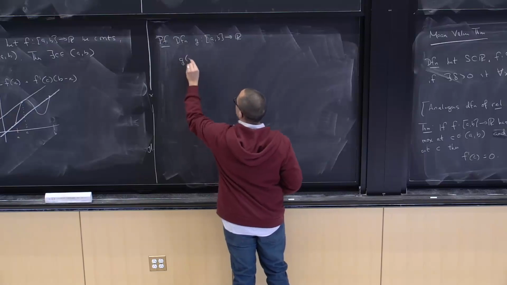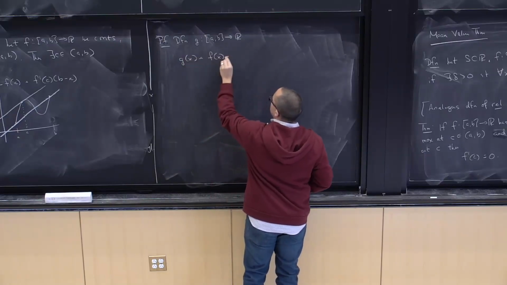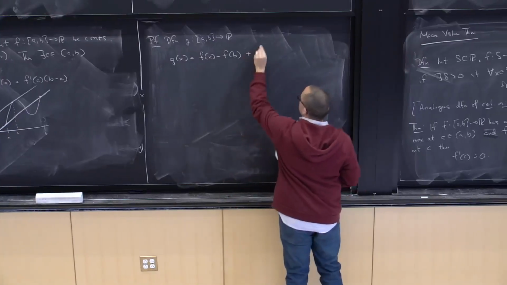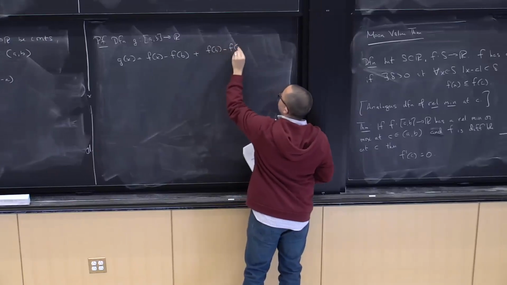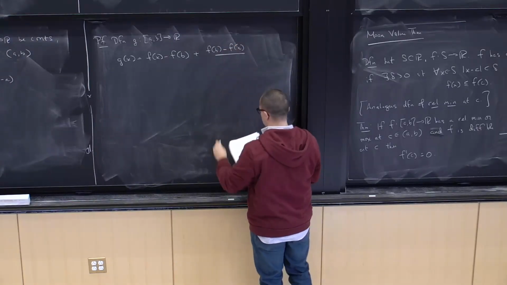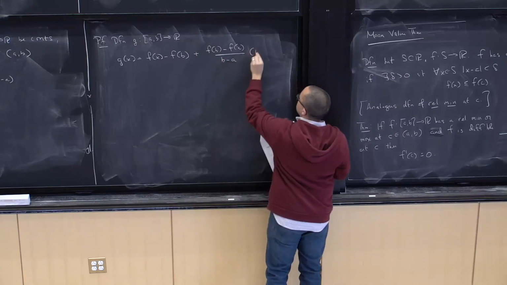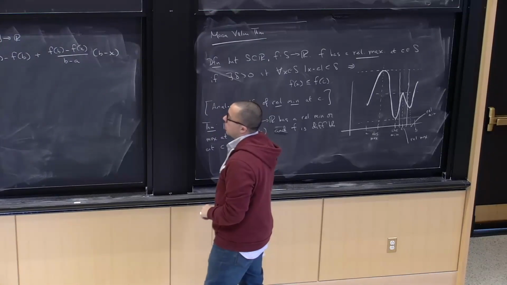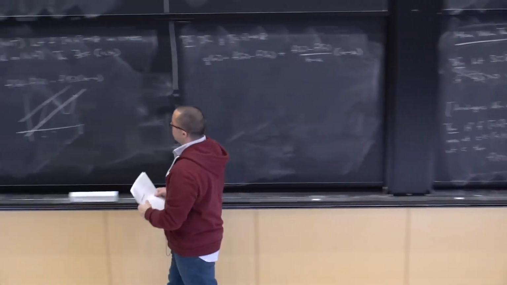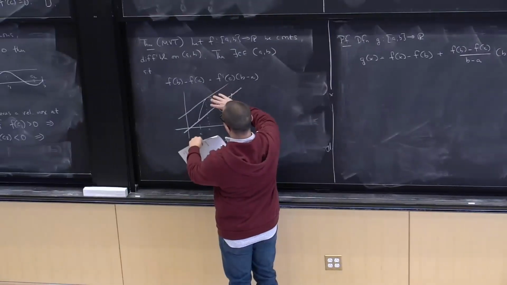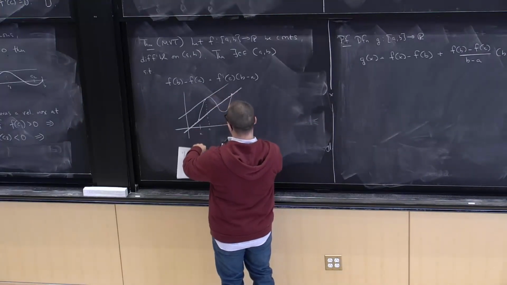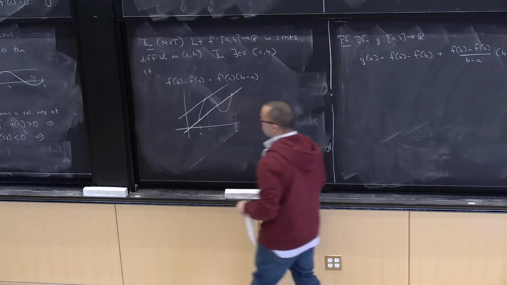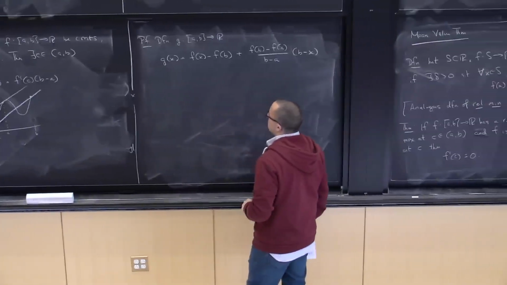So g of x equals f of x minus f of b plus f of b minus f of a over b minus a times b minus x. Okay? Basically, what this function g does is it takes the function and rotates it and shifts it down so that these two points then coincide and give you 0. All right?